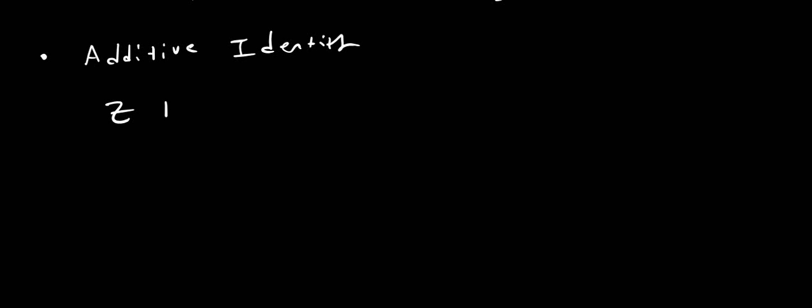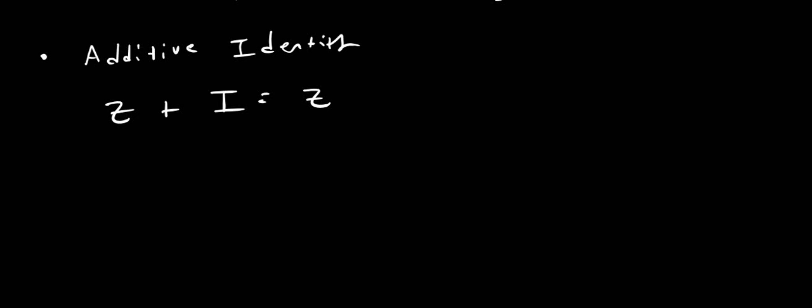Now, the fourth thing is that there is an additive identity. So the additive identity means that if we have a complex number z and we add it to the identity, which I'll just call a capital I for right now, is equal to itself. And so for regular numbers, if we don't want to change the value of it, we just add 0 to it.